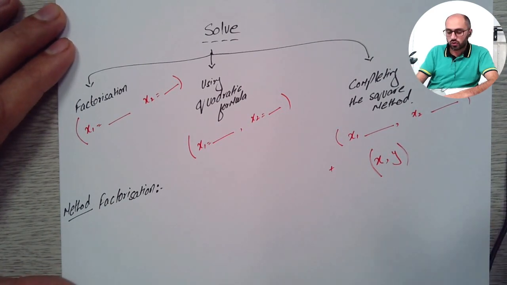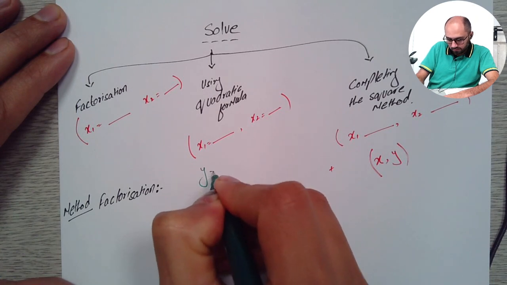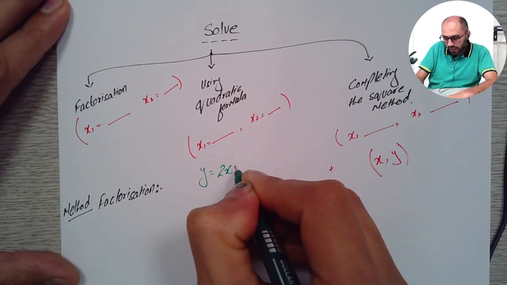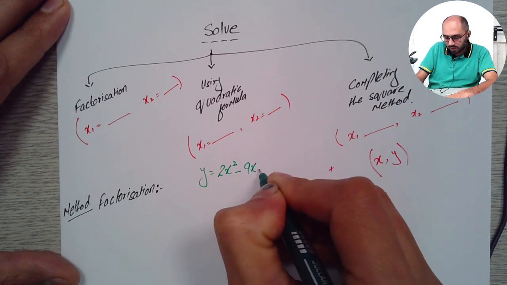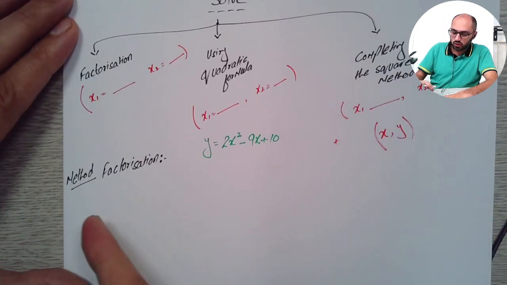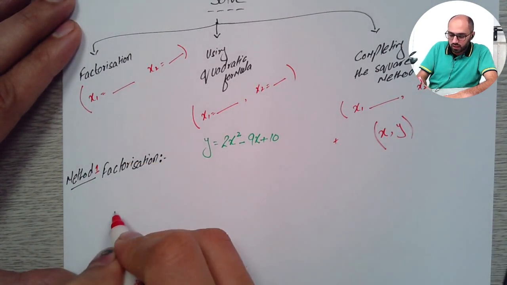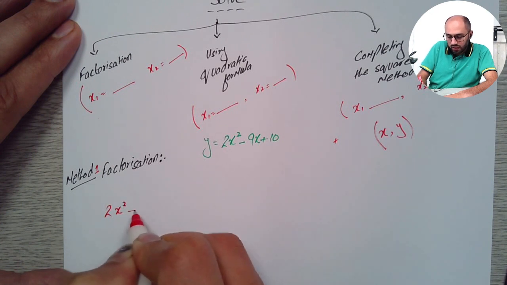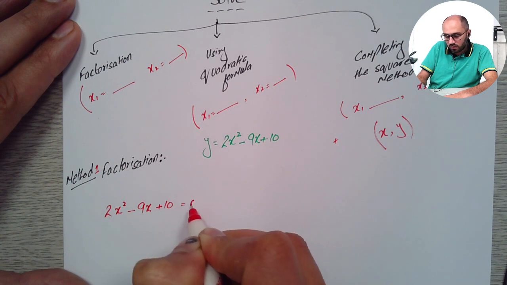The equation that I'm going to use is y equals 2x squared minus 9x plus 10. So when I use method 1, which is factorization, my equation will now transform into 2x squared minus 9x plus 10 equals 0.